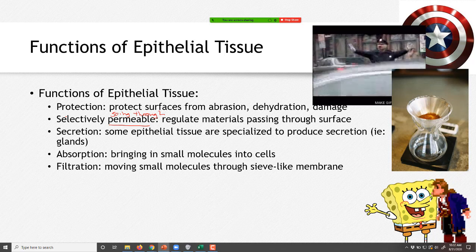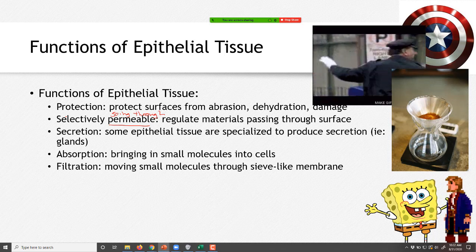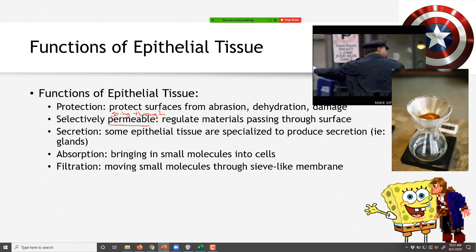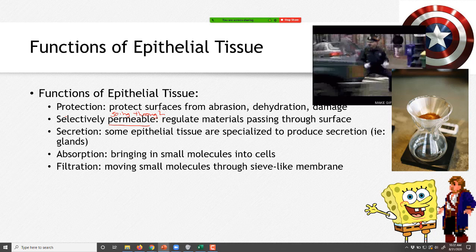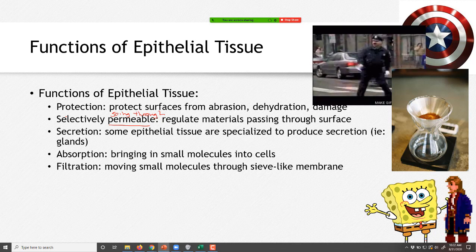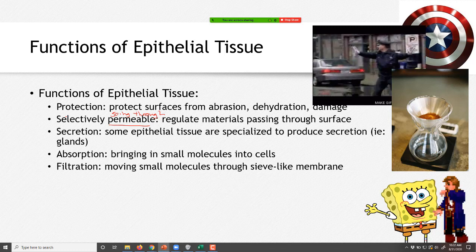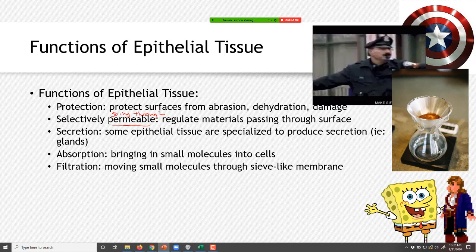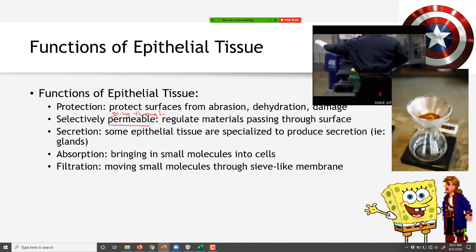And then we have filtration as well. When we talk about filtration, we're talking about something kind of like a coffee filter. So it has to move through a sieve-like membrane. These molecules will end up moving through some of the epithelial tissue. When we talk about the urinary system, we'll talk more about this, but it will go through these cells and get filtered through like that.